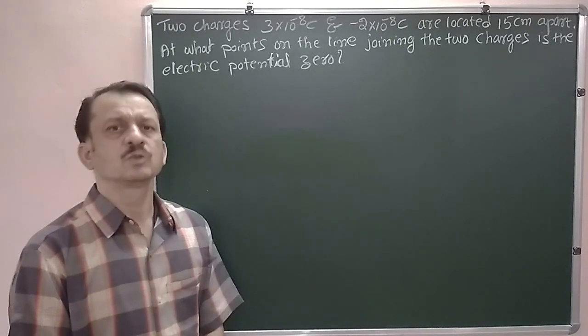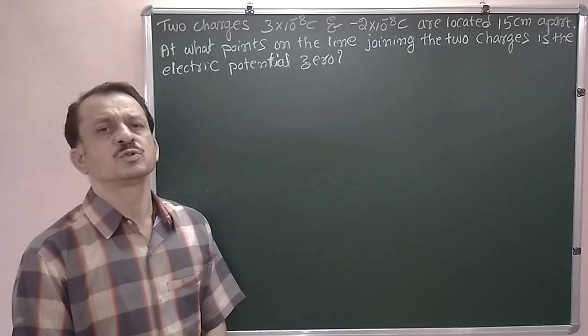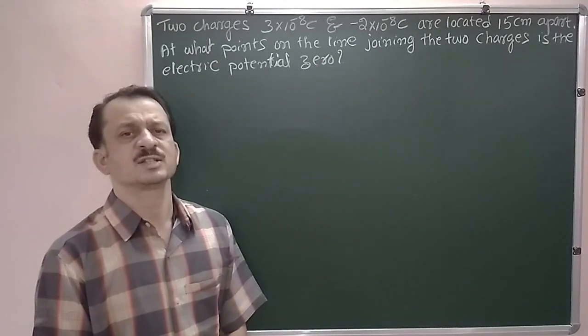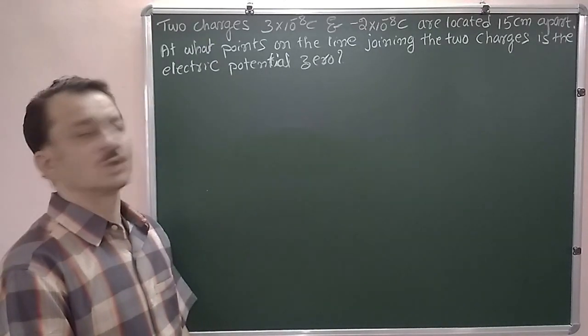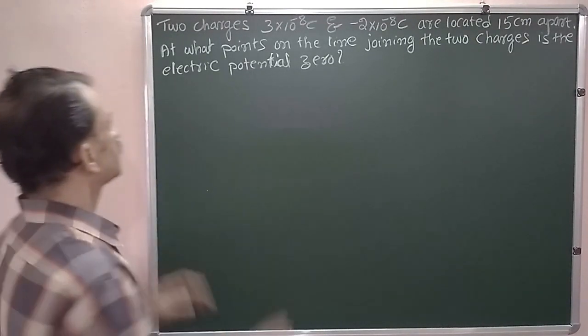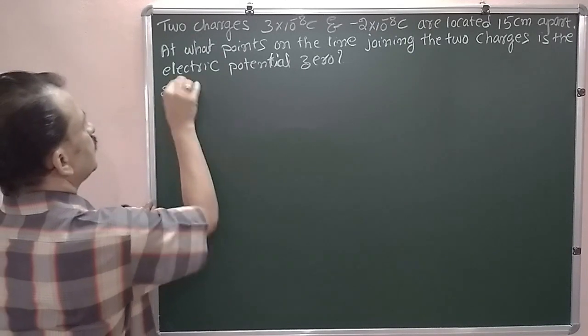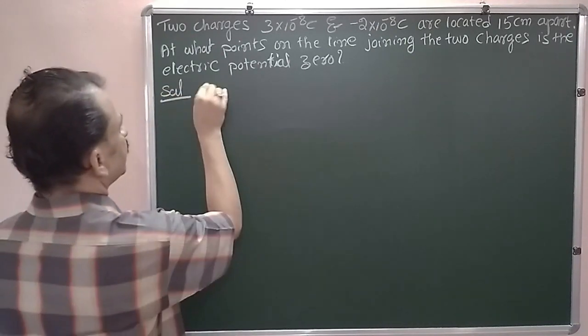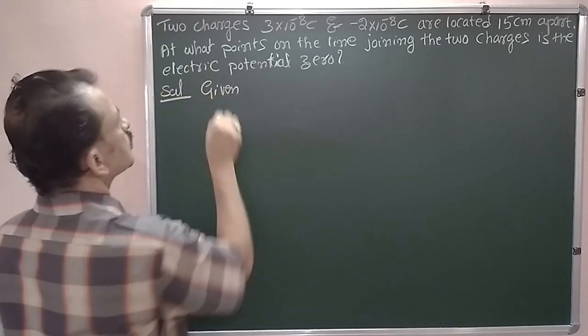Now we have to find two points at which the potential due to the positive charge as well as the negative charge, their sum, is 0. Here we are considering two cases. Now the solution. What are the given things? List them out.